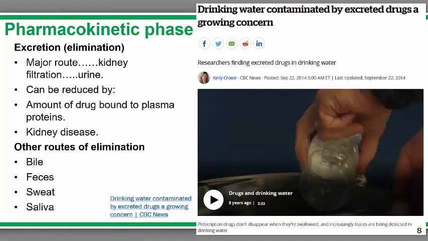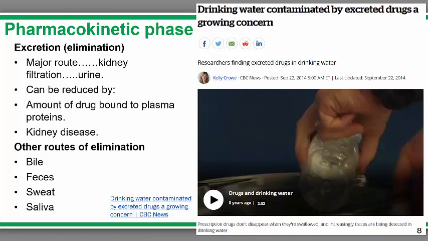Kidney disease is another important consideration in terms of drug elimination. A person afflicted with kidney disease may see either an increase or a decrease in drug elimination.